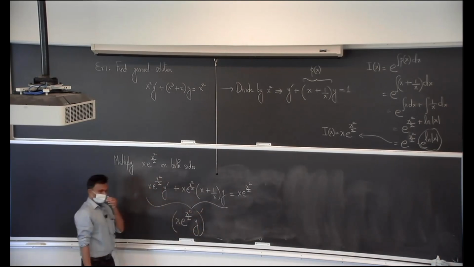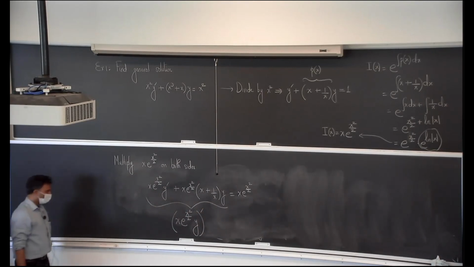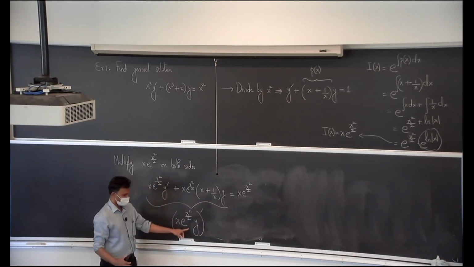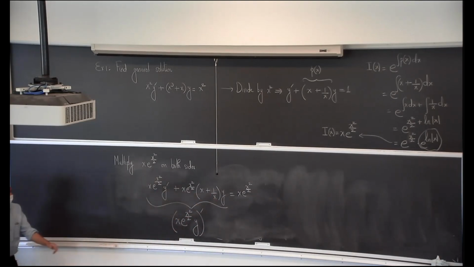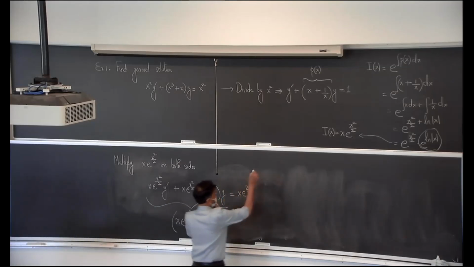That's the whole point of this integrating factor business, so that we could combine those two into a single derivative. If you go backwards into product rule, this is actually a real product rule. You got 3 terms, right? So that's why you got 1, then 2, and 3. And that's equal to x e to the x square over 2. Now you can integrate both sides with respect to x.